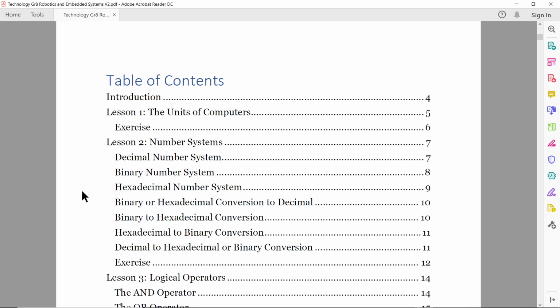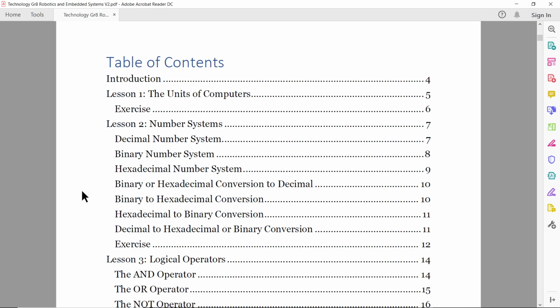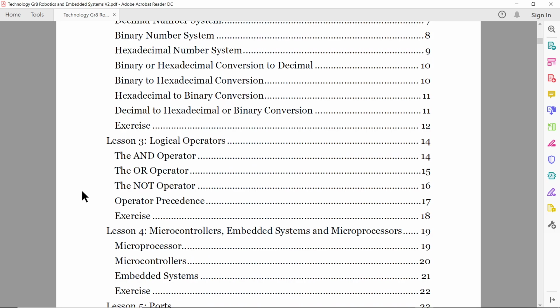You know about decimal numbers because you've been using them for years, but I'm going to show you binary numbers and hexadecimal numbers, and how to convert between different number systems. We learn this because computers work in binary. Then we are going to move on to logical operators, and, or and not, and I'll teach you how to do that.